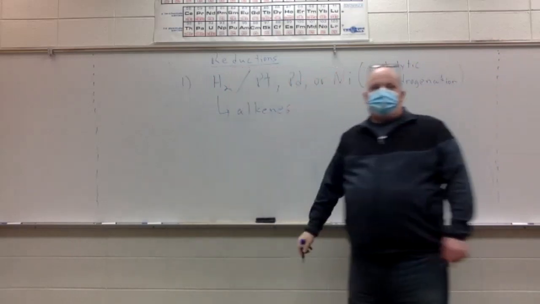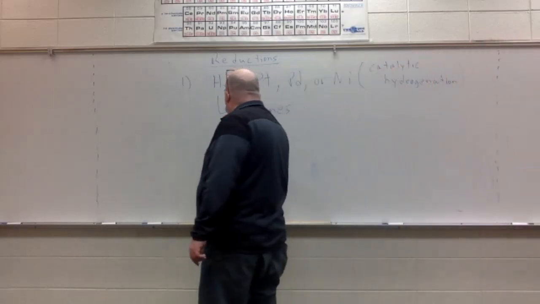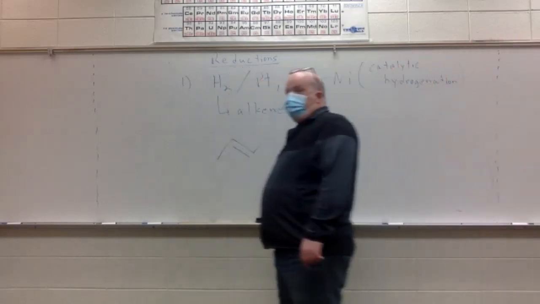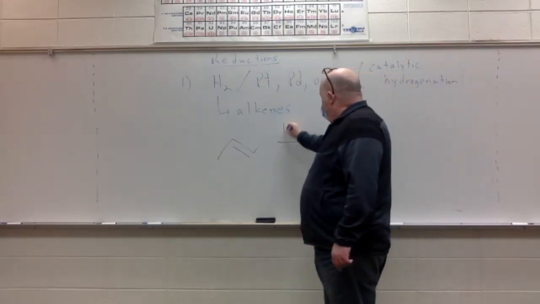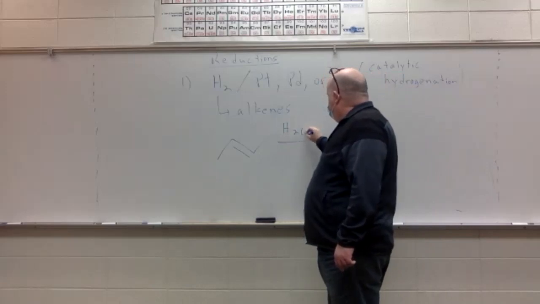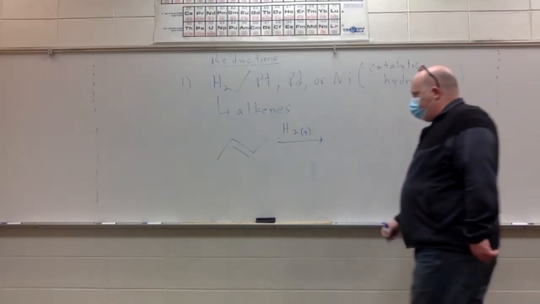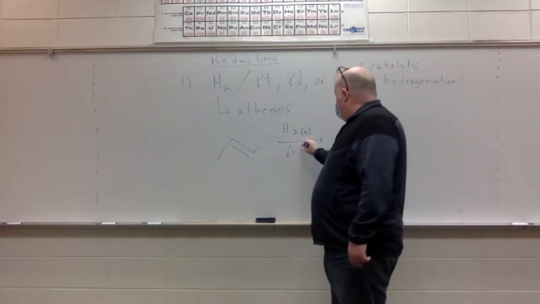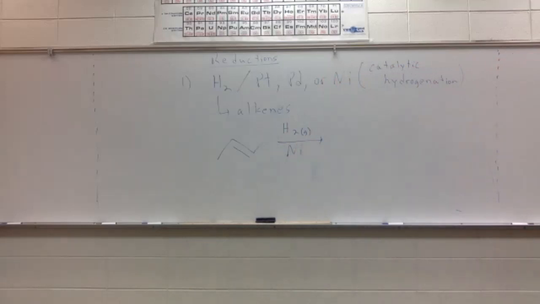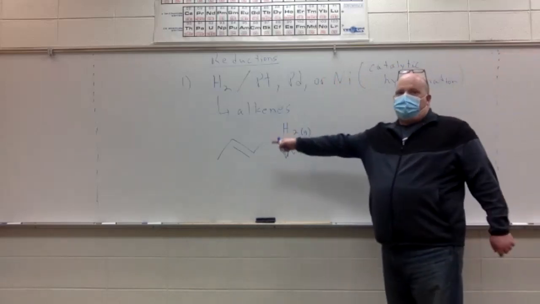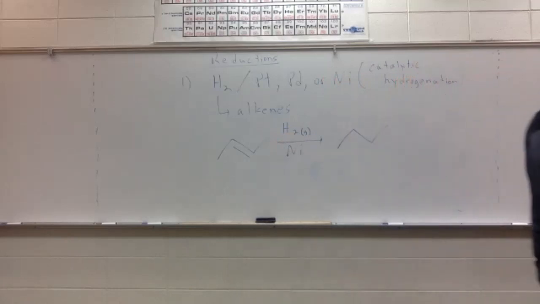Let me show you with alkenes first, because it's the simplest. So basically what you do is you take an alkene, you take some hydrogen gas, bubble it through in the presence of a metal catalyst, we'll just say nickel. And the end result is that both carbons in your double bond end up getting one of the hydrogens.